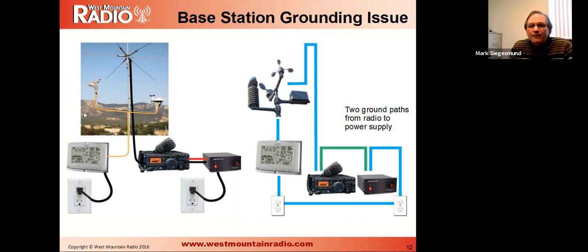The weather station is following that phone cable up the tower, and since it's connected to the tower, it then continues up to the coax and back down to the radio. So that radio actually has two ground paths to ground. When you transmit, it's going to try to split that current draw. Say you're drawing 20 amps between those two paths. And obviously the phone cable is just going to vaporize very quickly.